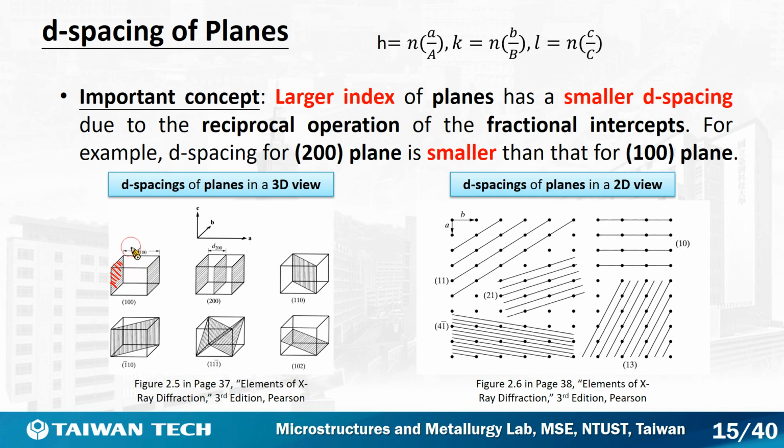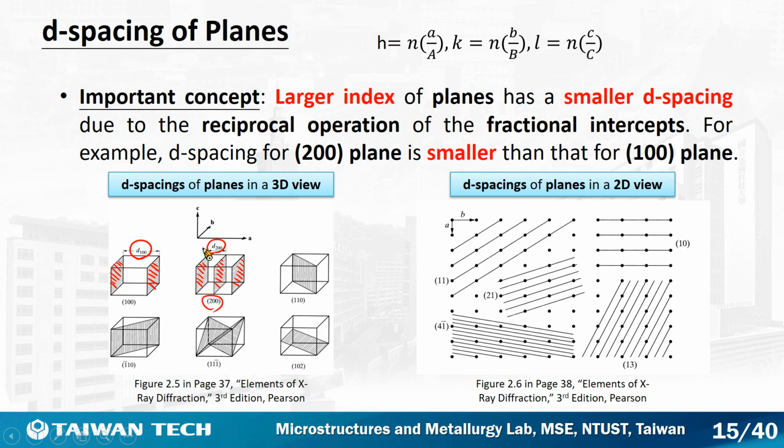And after a d-spacing, we will see another 100 plane. So this is the spacing. We call it d-spacing. And for 200, all of these are 200 planes, so the 200 plane has its own d-spacing.